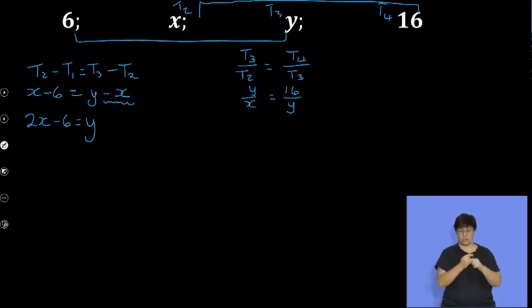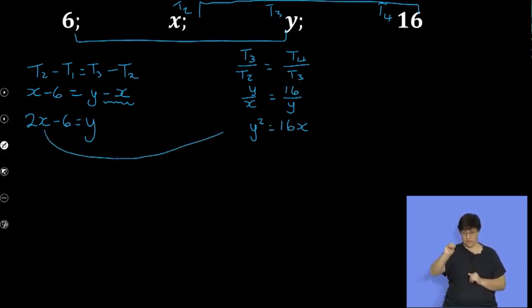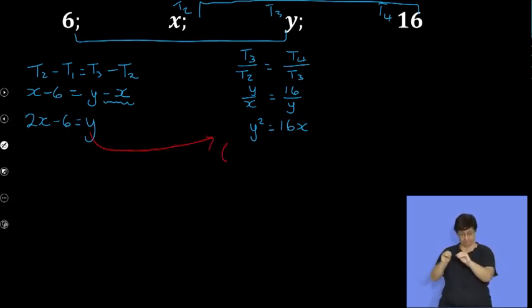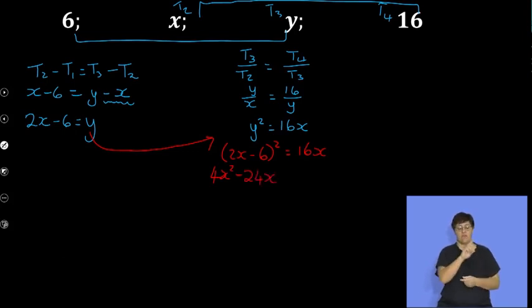I'm going to do some cross multiplication so I can see that y squared will be equal to 16x. Now I'm going to take this y across. So I'm going to have 2x minus 6 squared is equal to 16x. If I multiply those two binomials out, I'm going to be left with 4x squared minus 24x plus 36 is equal to 16x.